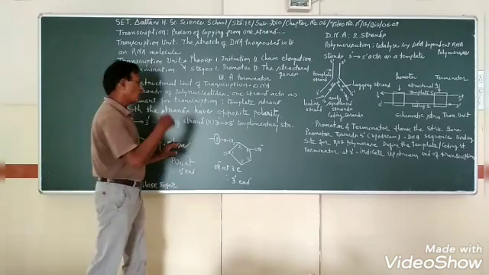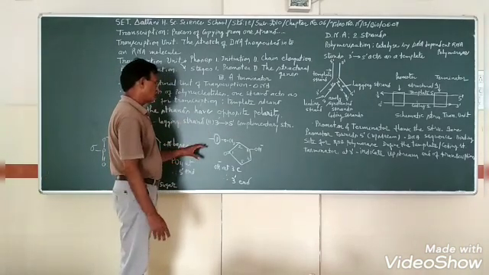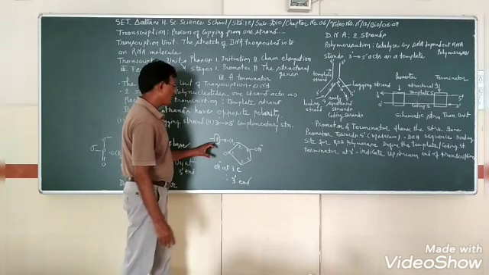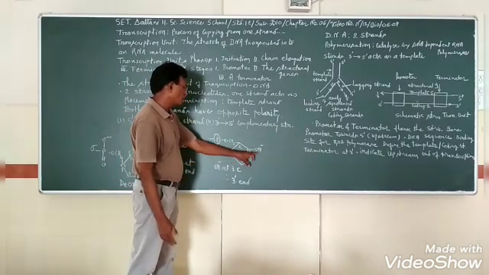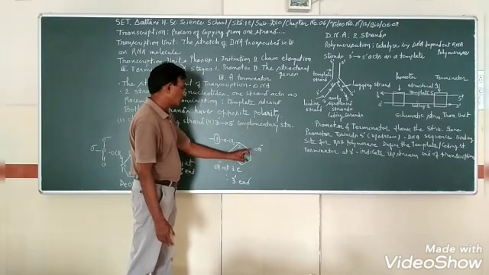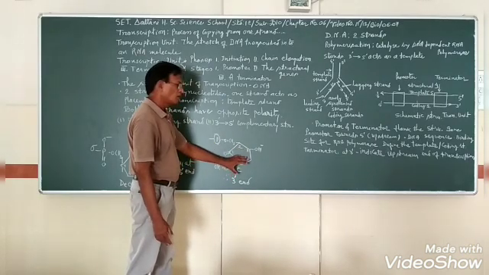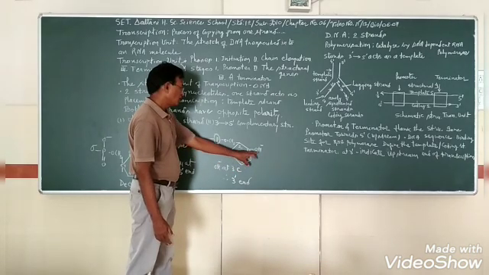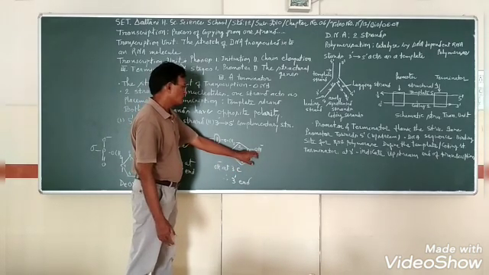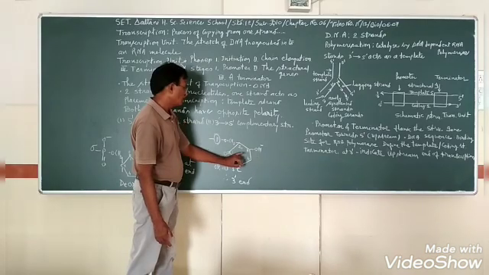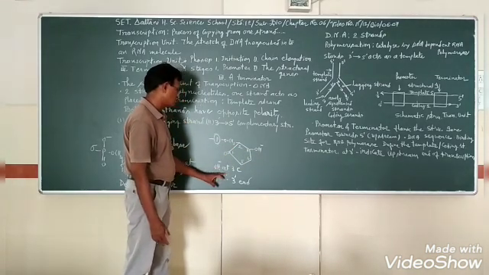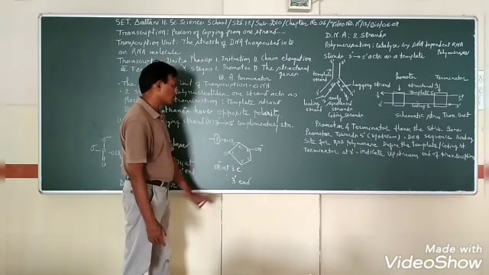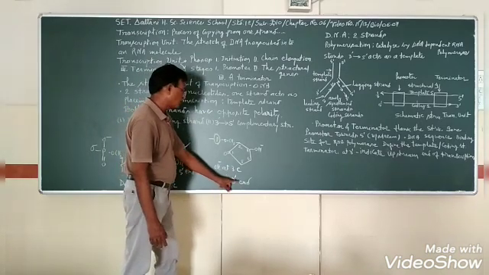Now on the other end, see what is there? On the other end there is an OH group at the 3rd carbon of the deoxyribose sugar. That is why it ends here with the hydroxy group. That is why it is called the 3 prime end.